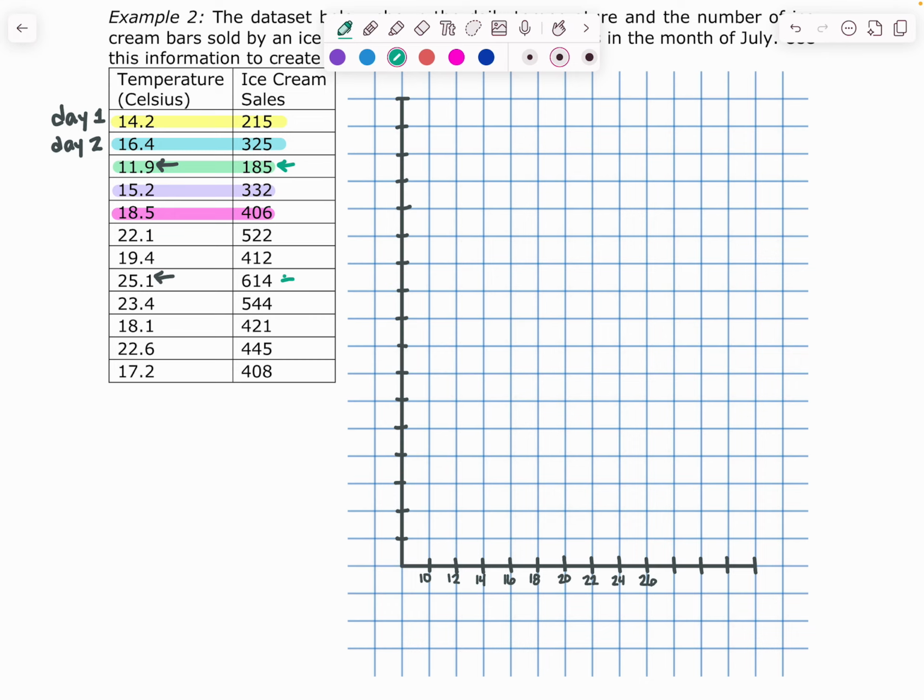There's a lot of pressure for me to not mess up. So I need to go from 185 to 614, and I have 17 lines.